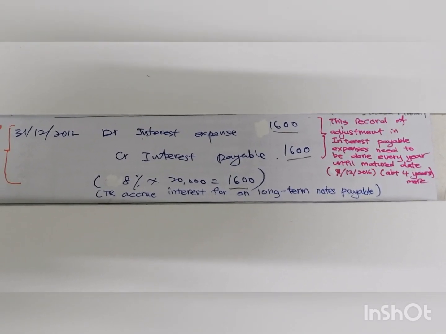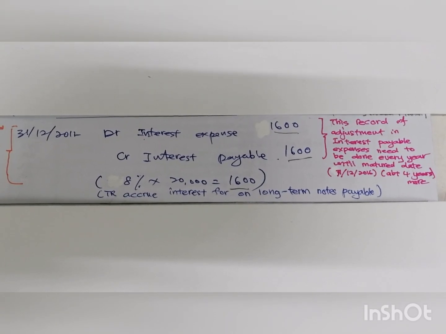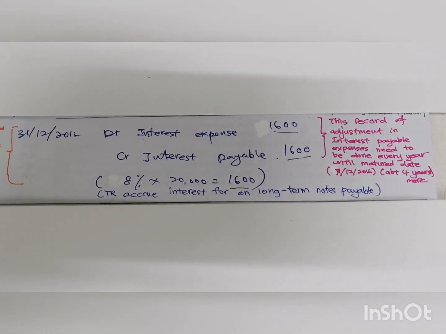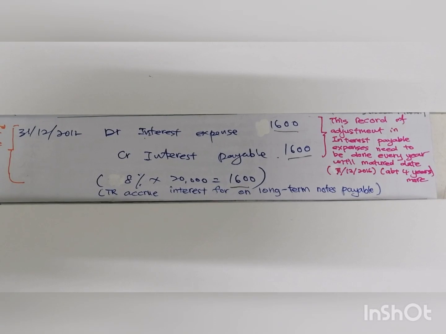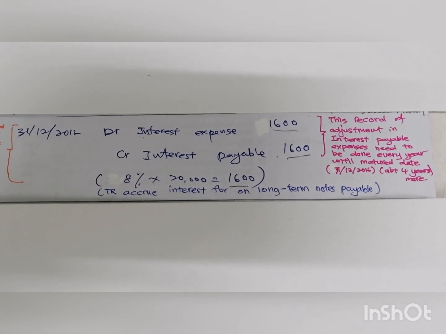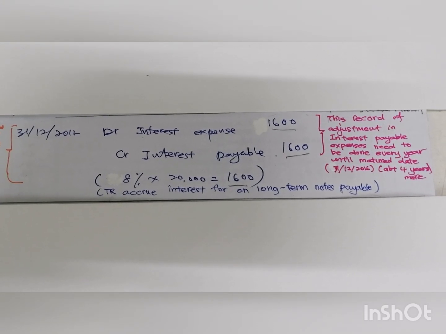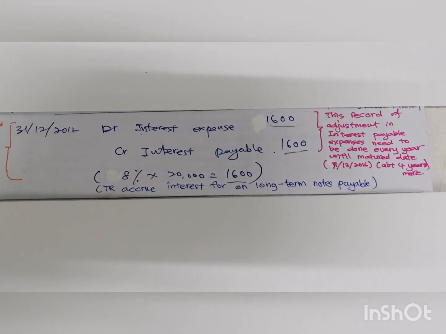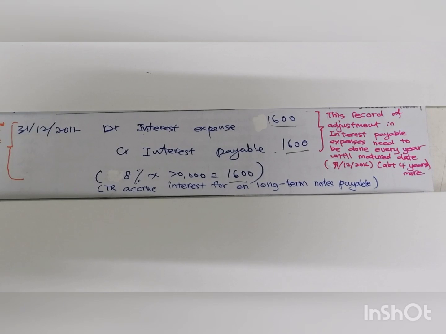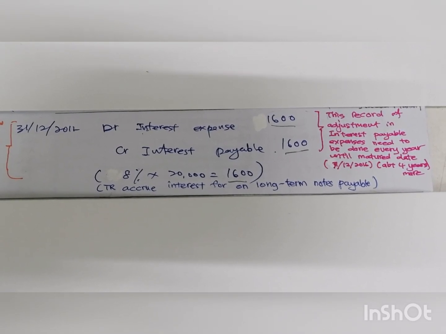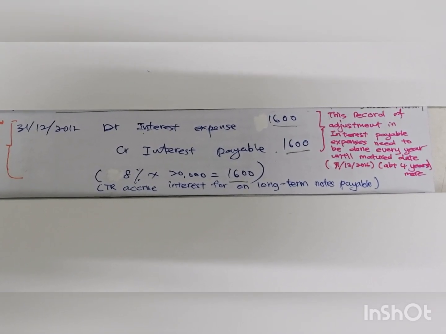Why 1,600? Because the interest rate is 8% and the notes payable signed is 20,000. Therefore, 8% times 20,000 we get 1,600. The explanation will be to record accrued interest on long-term notes payable.